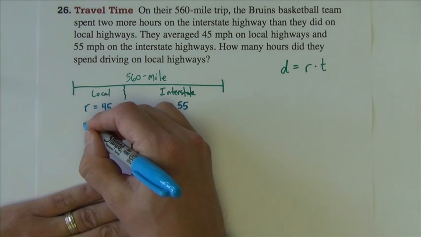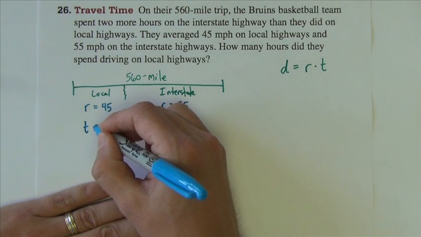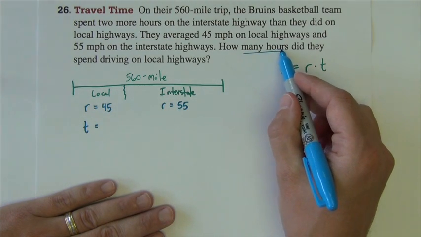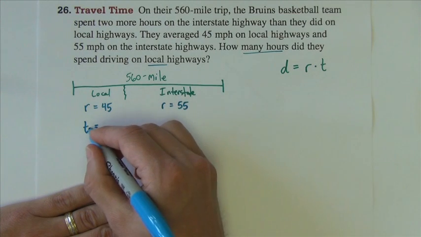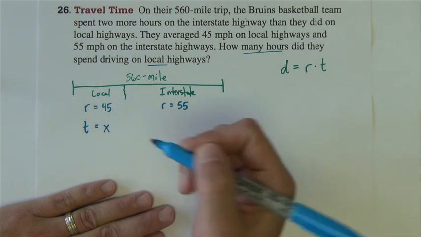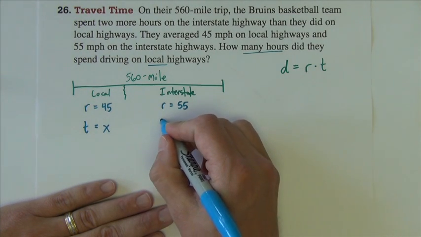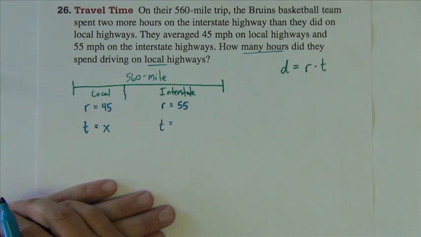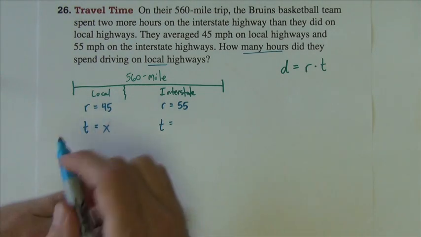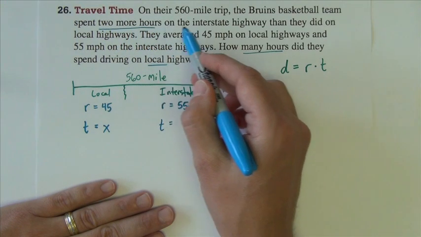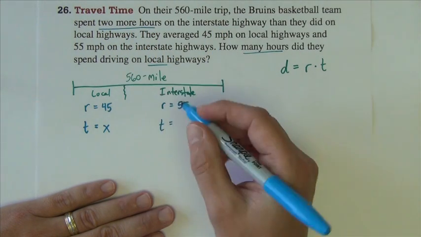Now on the local highway, what about time? We don't know that. We want to know how many hours did they spend on the local highway. So I don't know how long. Let's just call that X. Now what about how long I spent on the interstate? Well, I don't know that either, but I do know that I spent 2 more hours on the interstate than on the local highways.